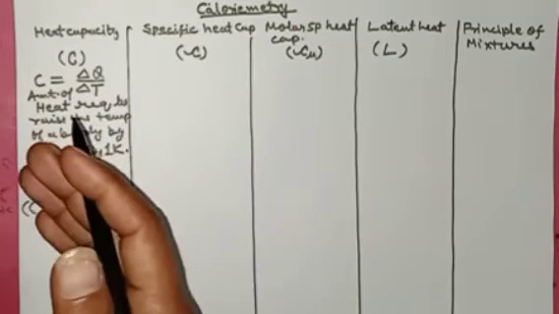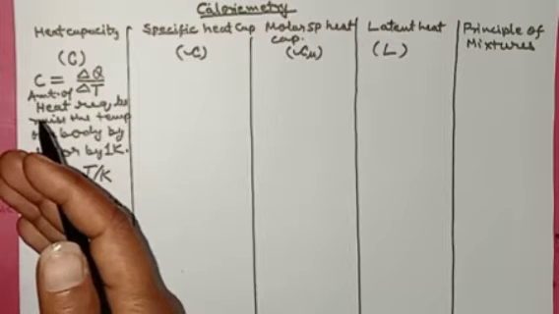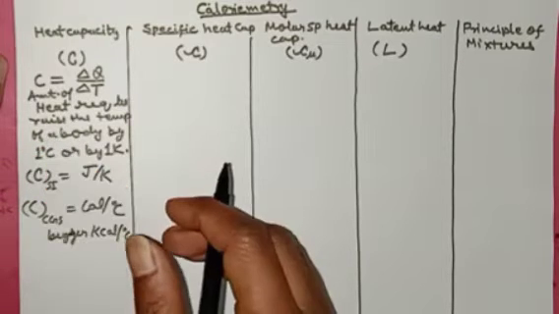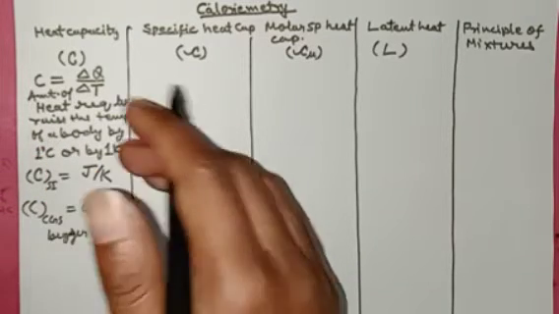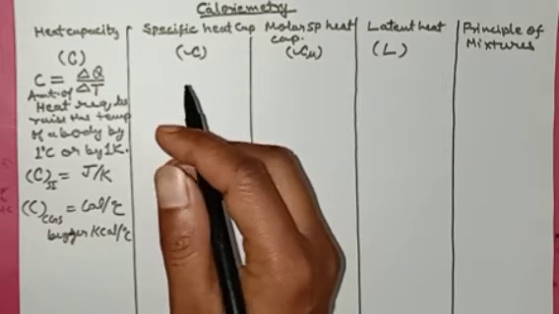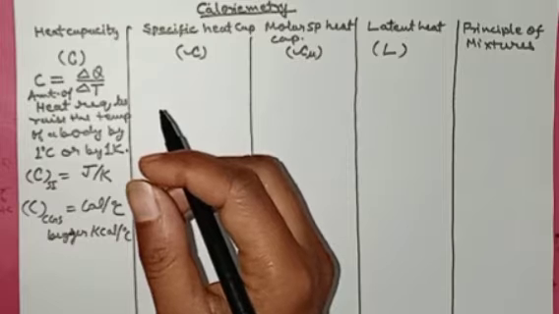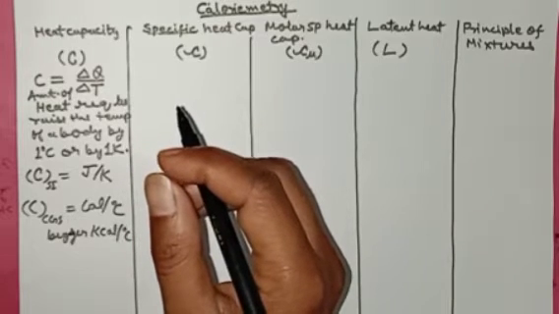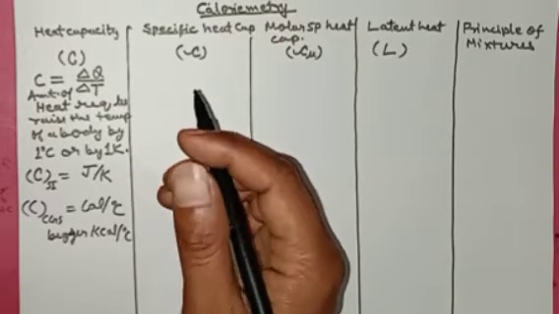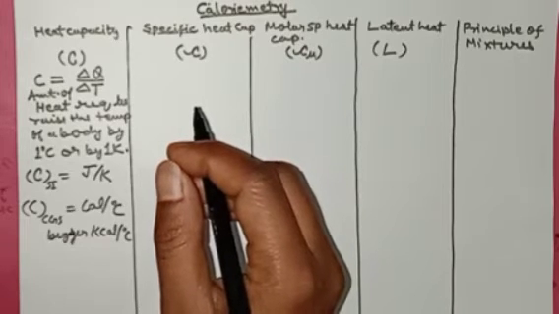So although the three cases I have just discussed once again, if I say specific heat capacity of an iron nail, then I have to say not the specific heat capacity of iron nail but of the material iron.